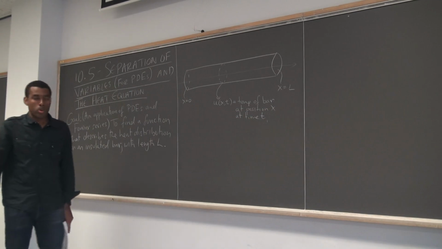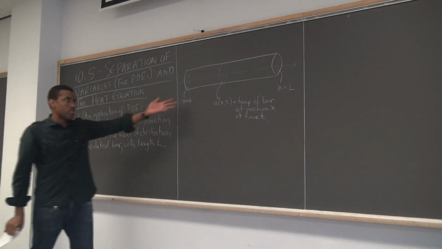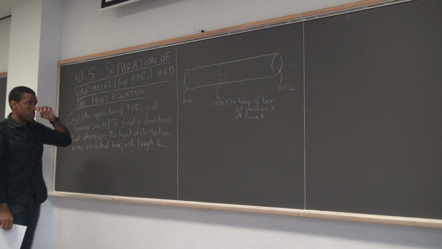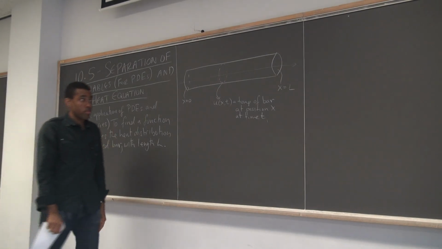This is where we're going. And of course, once you know how to do it for a bar, you can apply it to other surfaces, but for 391, we talk about doing it for a bar.